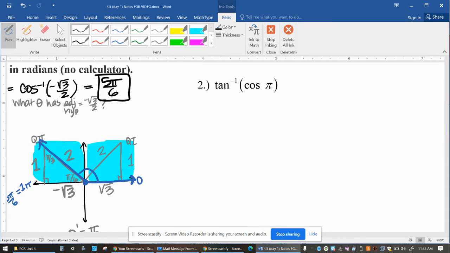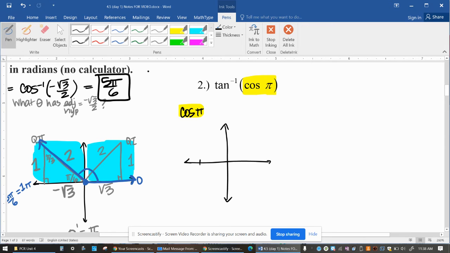All right, so we want to work from the inside out, right to left. So cosine of pi, they've given me the angle already, so they're asking me for cosine, right? Cosine is adjacent over hypotenuse when you're dealing with right triangles, but in this case, think about it. Where is pi? Okay, so right now I'm focused on finding cosine of pi.